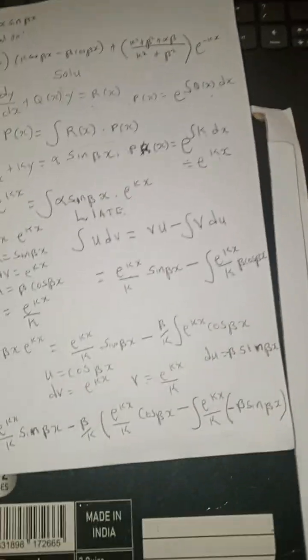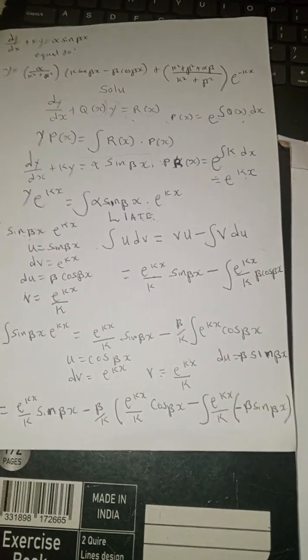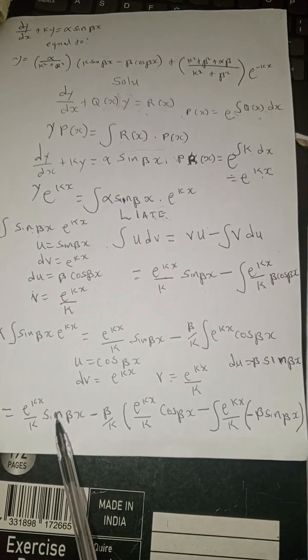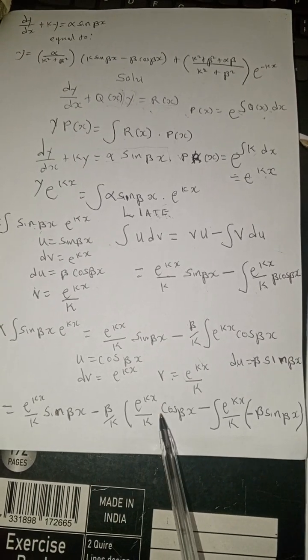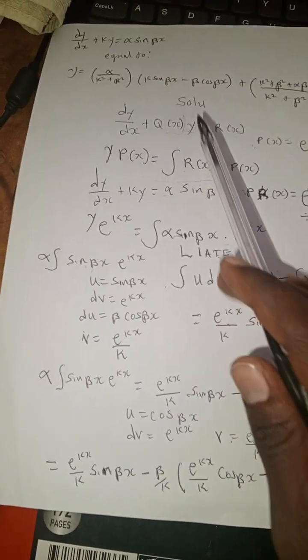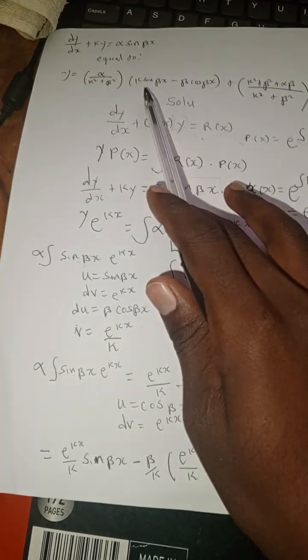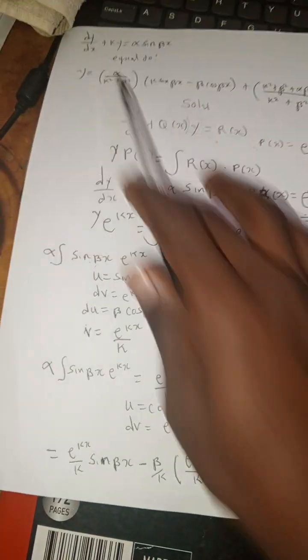Now from here we just need to simplify. You can see that we have a sine beta x minus cos beta x, which is showing on our solution. We need to equate that to this.